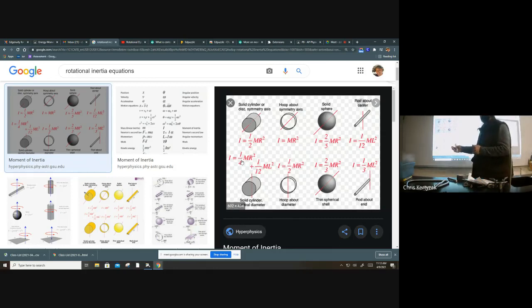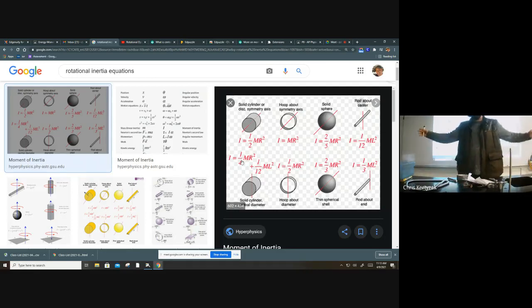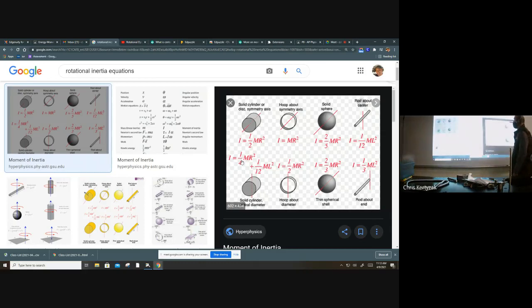I is mr squared, so I is proportional to r squared. R is representing where the mass is. If you stick all of your weight, like for a tire, out on the edge, which is the rubber tire, that adds extra rotational resistance because I is proportional to r squared. So when you push that mass further away from the center, it's got more resistance.